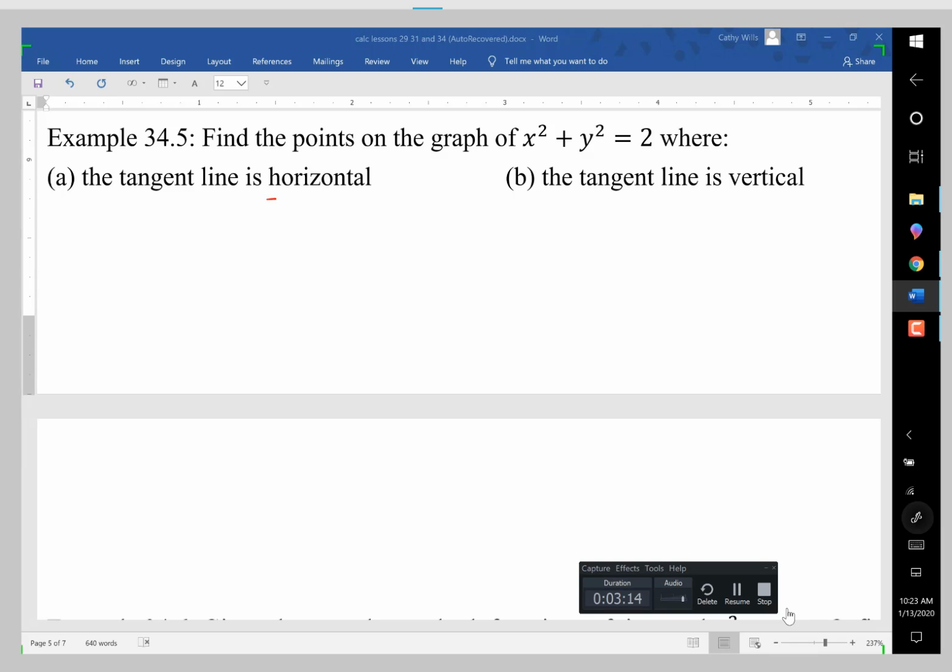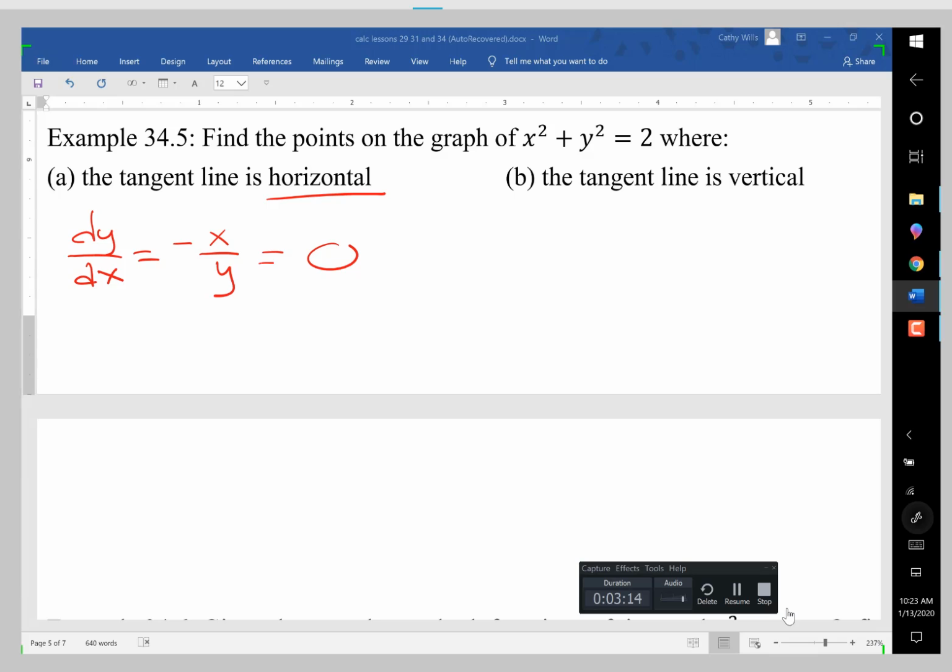That's what horizontal is. All right, so we already found the slope of the tangent line to this graph, and that is negative x over y. So dy/dx, we found in the last problem, was negative x over y. And we want that to equal 0.